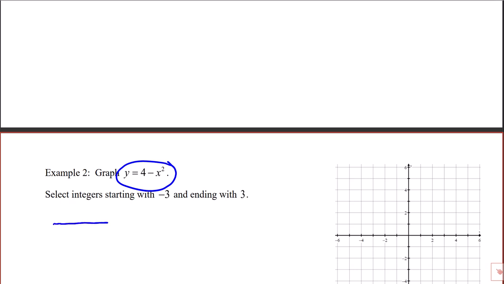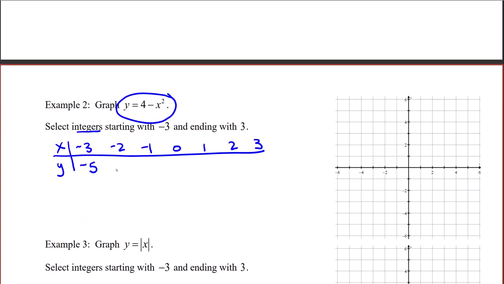And so we make our table. They want us to use integers, so positive and negative whole numbers, starting at -3. Then we plug it in. -3 squared is 9. 4 minus 9 is -5. You fill in the rest of the table.